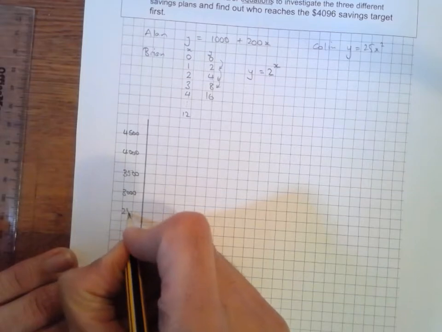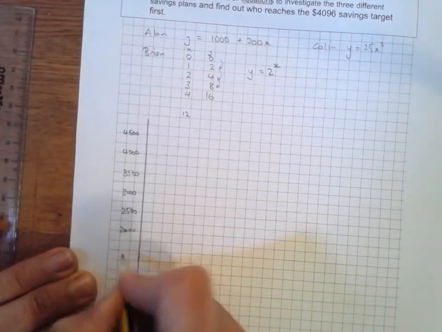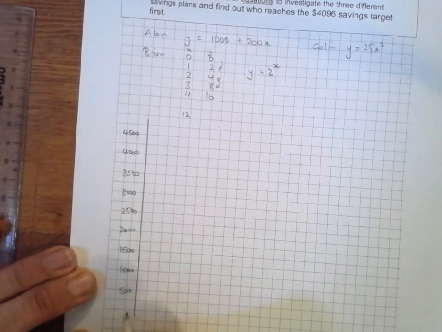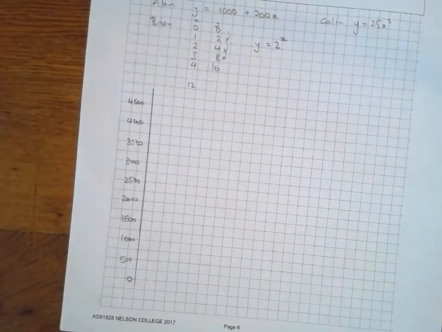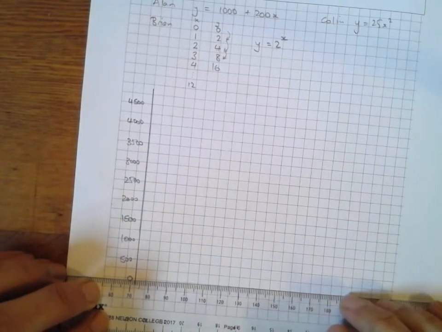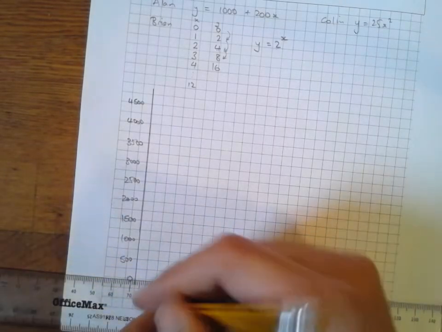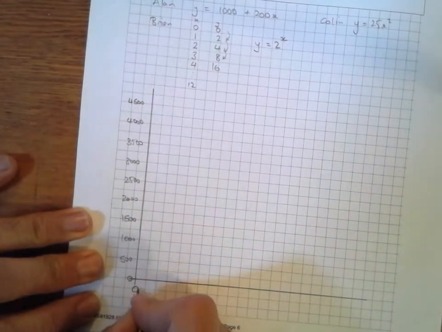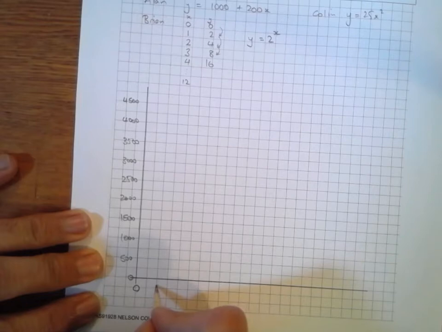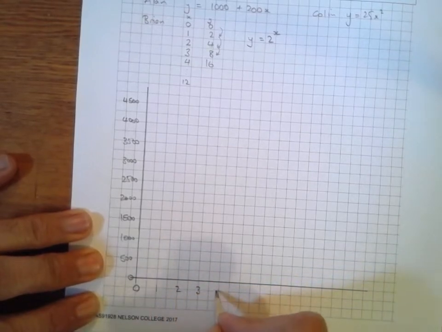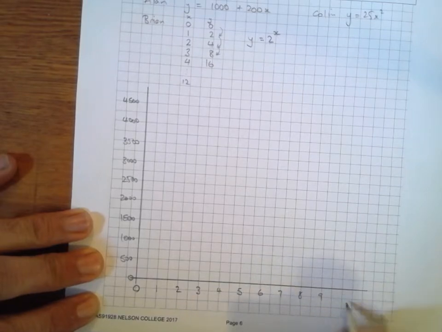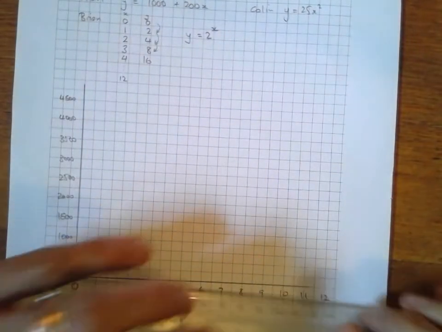3,000, 2,500, 2,000, 1,500 and 0. And on this axis here I'm going to have the amount of time that they've saved for, so on my x-axis, and I'm going to have the start as 0, and let's have 1 month, 2 months, 3 months, 4 months, 5, 6, 7, 8, 9, 10, 11, I've nearly run out of space again, and 12.